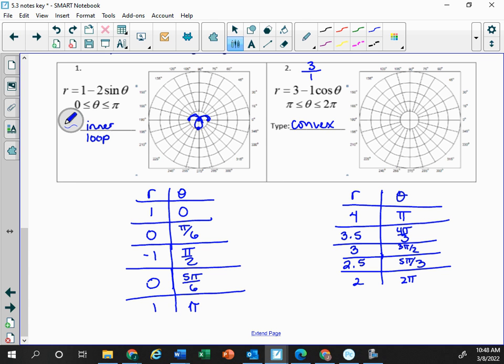I filled in the chart if you are struggling on that or need to check. Make sure you've got those right.